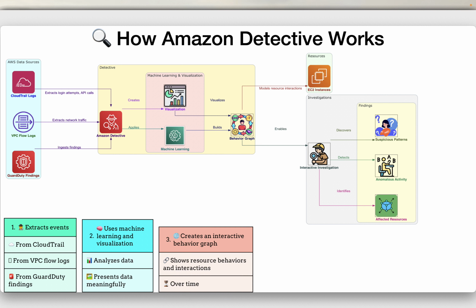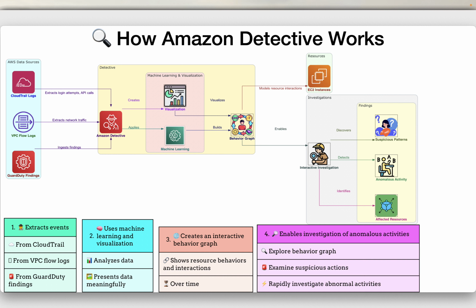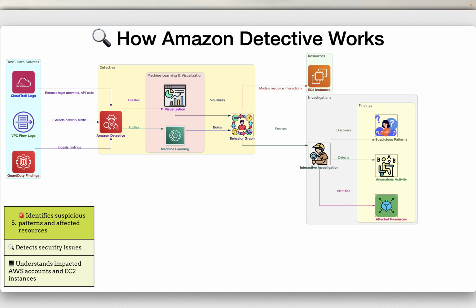Detective creates a unified, interactive view of your resource behaviors and the interactions between them over time, known as the behavior graph. You can explore the behavior graph to examine disparate actions such as failed login attempts or suspicious API calls, rapidly investigating any activity that falls outside the normal behavior.